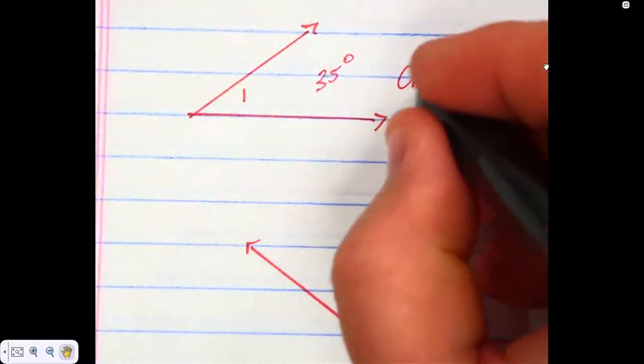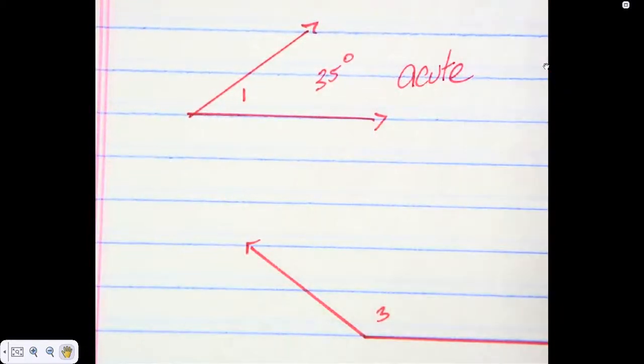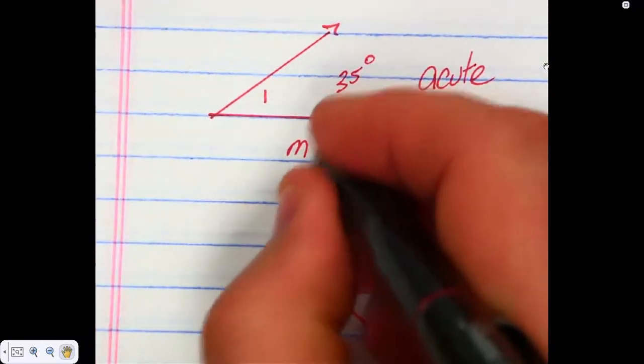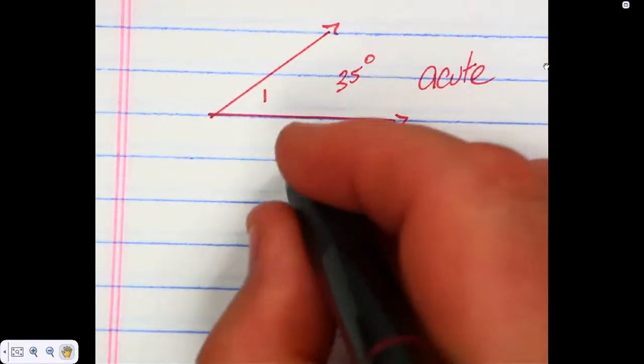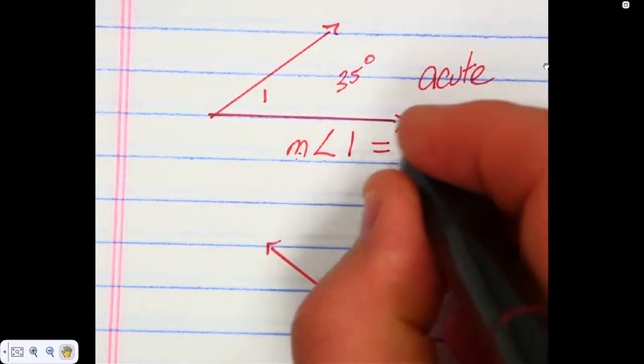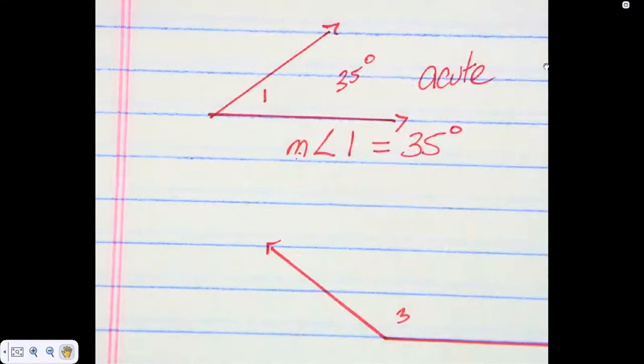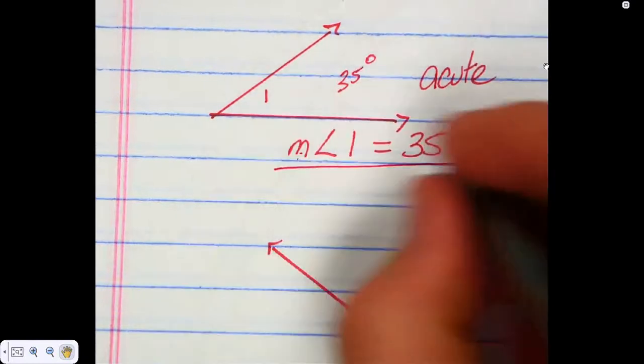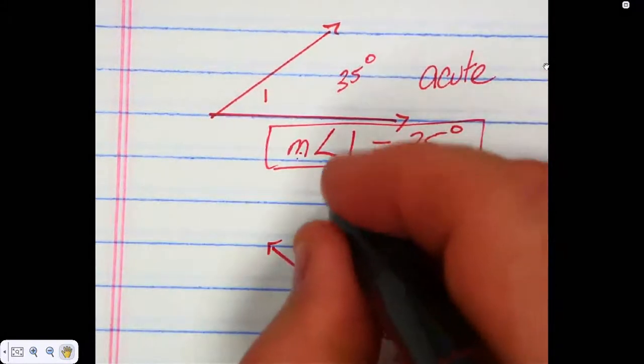This is called an acute angle. And here's another thing, how we write measure. We put a little lowercase m, that means measure of angle 1 is equal to 35 degrees. And it is acute.